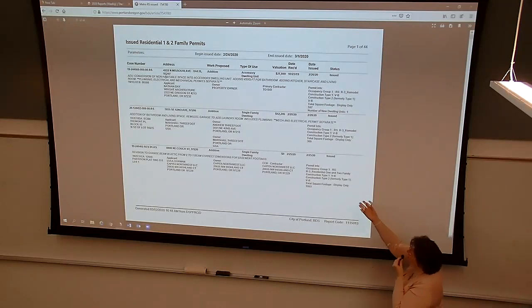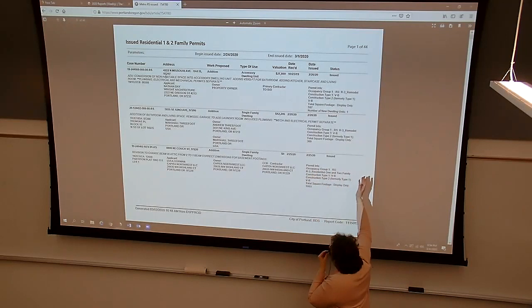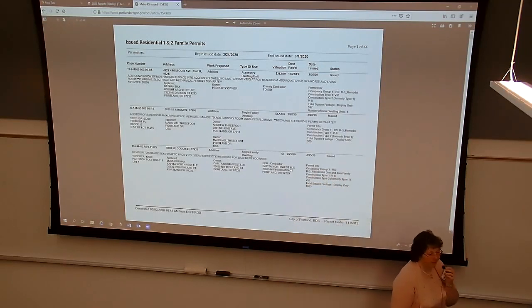The permit has been issued. Not too big, but there's some out there. It gives you an idea of what is going on in neighborhoods. Typically, if one home is getting remodeled, what happens to the neighborhood? Similar throughout the neighborhood, right?